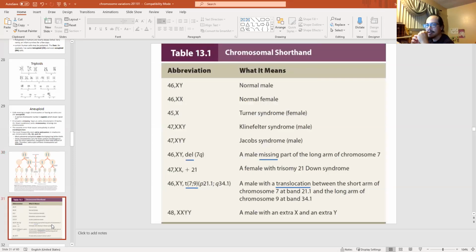For these different types of chromosome abnormality, we have a way to quickly describe them. Typically when there's a disease, it usually goes by the name of the person who discovered it.